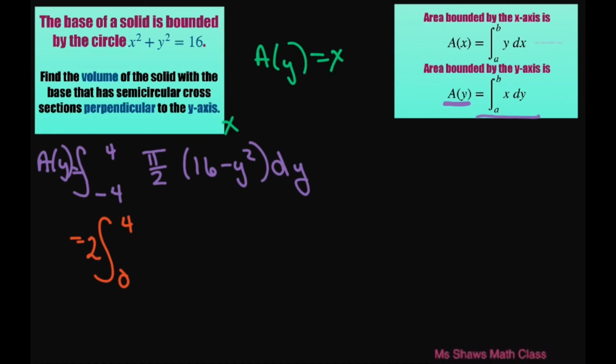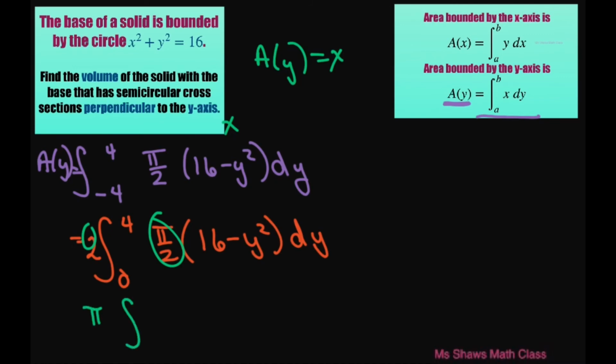So this is going to be pi divided by 2 times 16 minus y squared dy. And when you multiply these two, you're just going to get pi. So you get pi times the integral from 0 to 4 of 16 minus y squared dy.